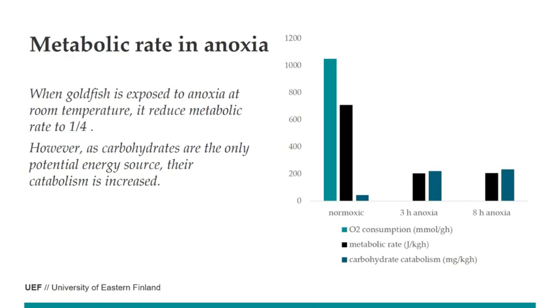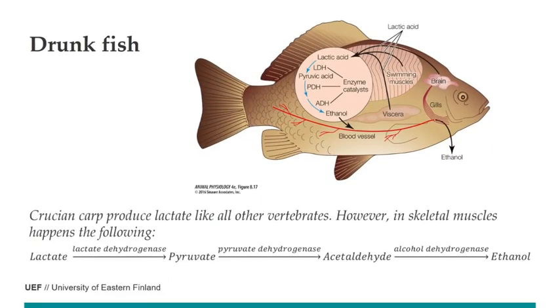And if it works, the problem is that you have glycolysis and you have problems with the lactate. Well, you don't if you are a drunk fish. These crucian carp actually produce lactic acid like all the other vertebrates, in brains and heart and muscles, etc. But in skeletal muscles the following happens. The lactate is converted to pyruvate, which is converted to acetaldehyde, and which is converted to ethanol.